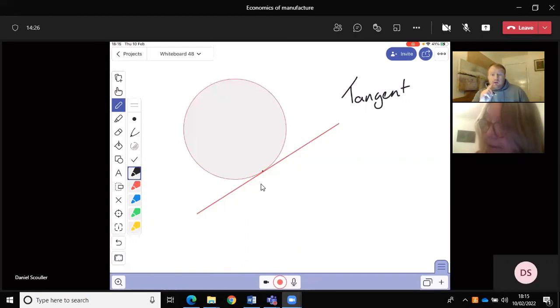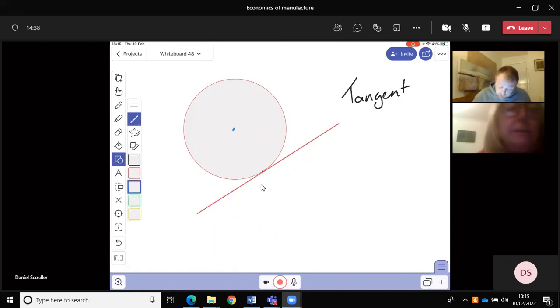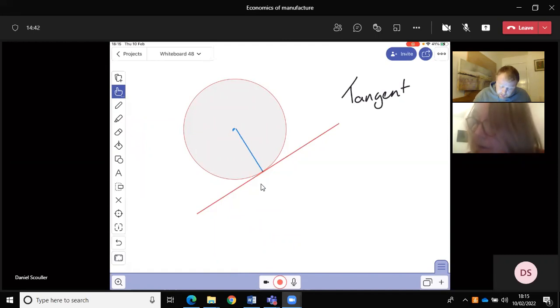Now what we can do with the tangent, and the rule that I want to use with that tangent, is if we draw from the centre of that circle the line straight down, that will be the radius.